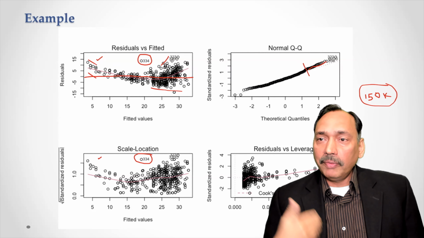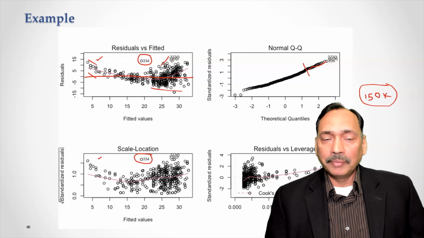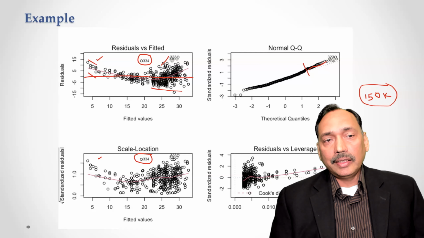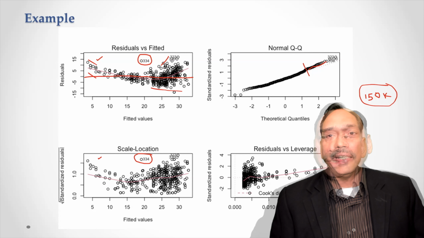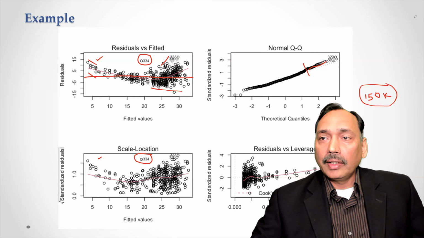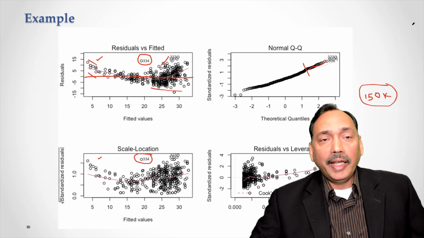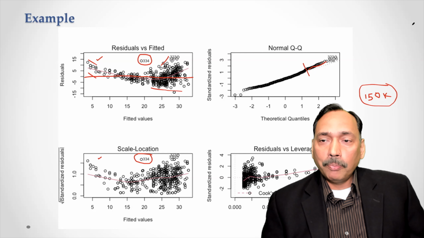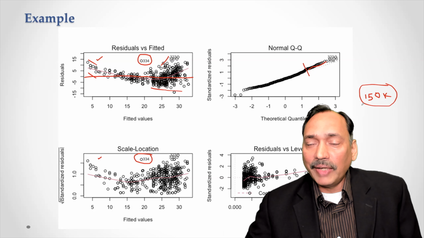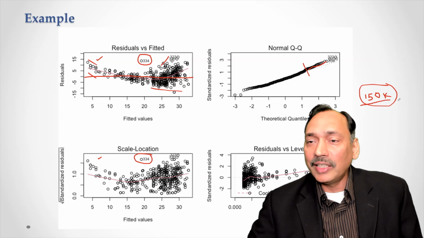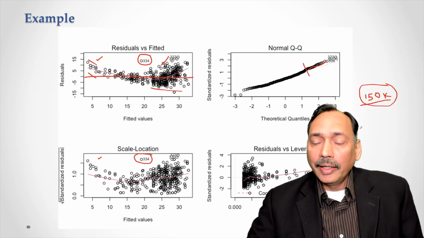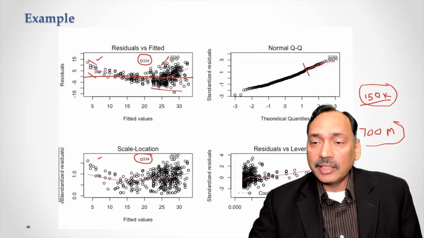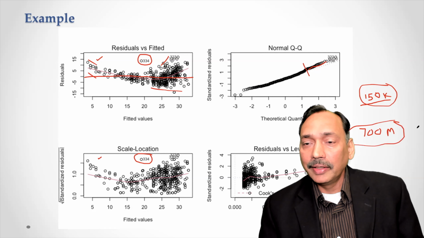So there we obviously have to come up with some strategies, but the simplest thing is to investigate why that data is so strange, and whether there is any possibility of correcting it. For example, if mileage values are well within 150,000 miles for a car and we see 700 million, obviously there was some typing error.